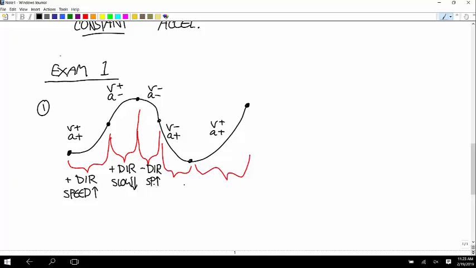The fourth one, it's moving in the negative direction because velocity is negative. The signs of velocity and acceleration are opposite, so that's slowing down. And then the last one, moving in the positive direction, and it's speeding up because the signs are the same. Anybody have any questions about that one?